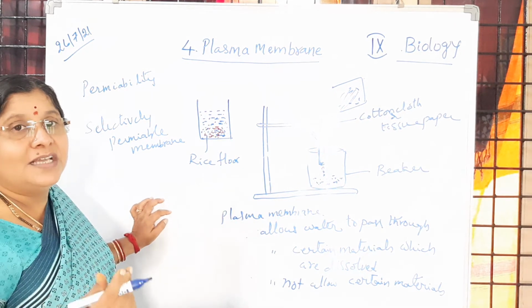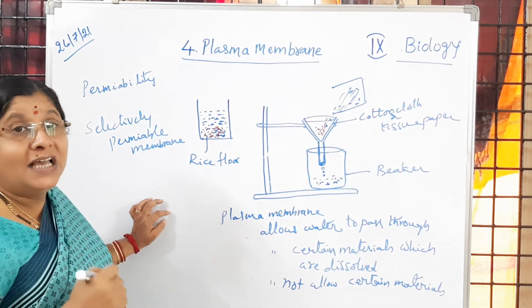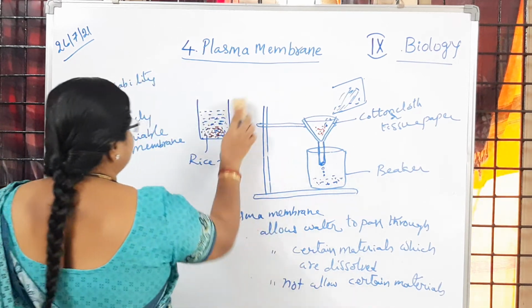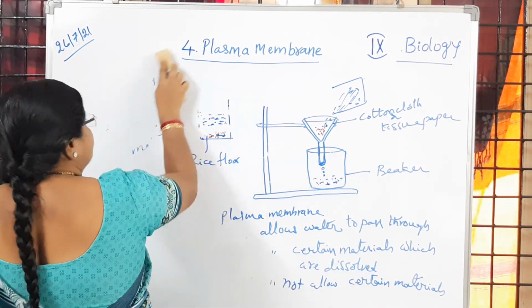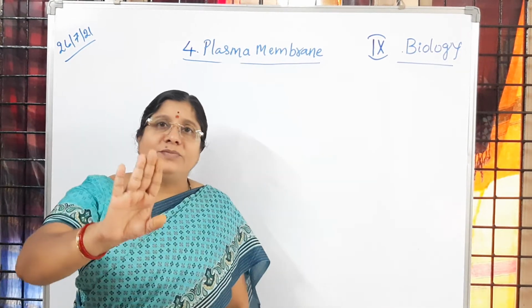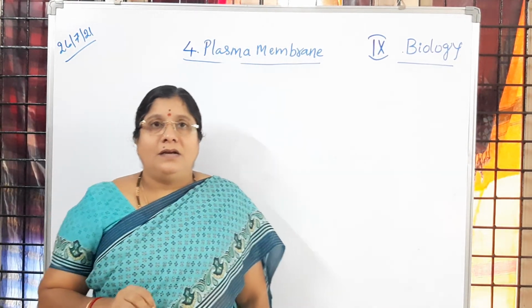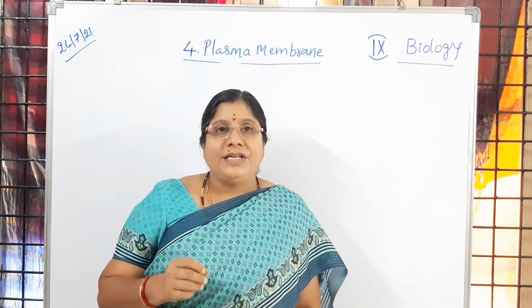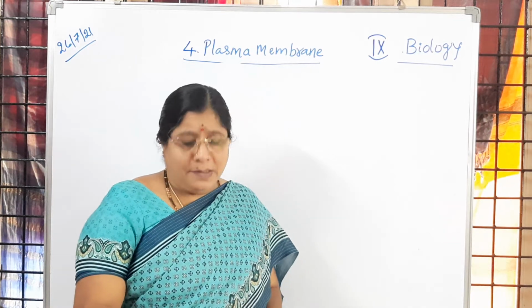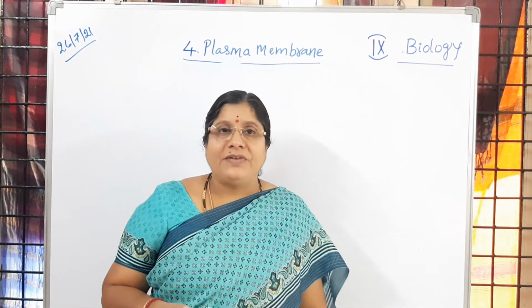That flexibility is there, so the plasma membrane is acting as a living flexible membrane. Till now you learned about the nature of the plasma membrane, and why it is called a living flexible membrane.